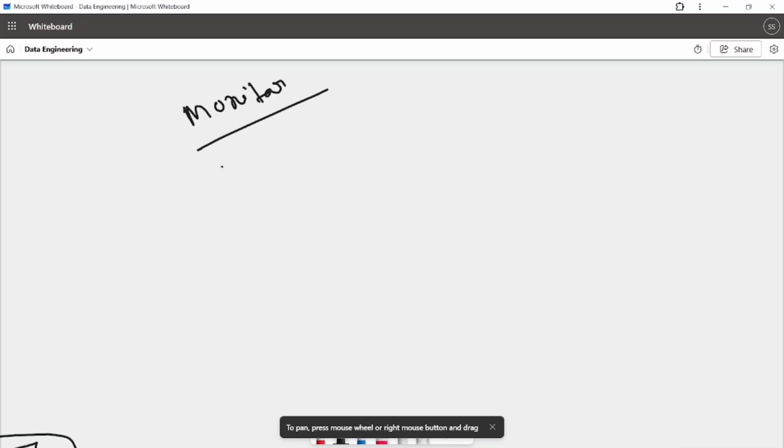If everything is okay, then it will succeed. If something is missing, then we will get some error, failure. So it provides visibility into pipeline executions, failures and performance. Okay. Workflow example, like workflow examples.